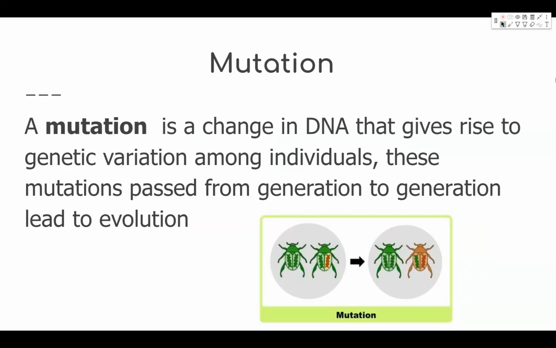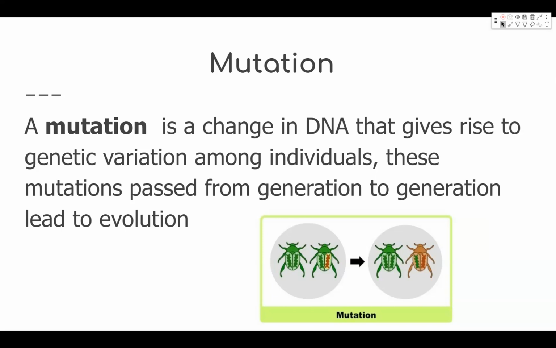A mutation is a change in DNA, so some sort of edit to the DNA sequence, that gives rise to variation or creates a difference in a certain gene among individuals. These mutations, because they are in our DNA, are passed from generation to generation and can lead to evolution. So it is a big source for genetic variation.